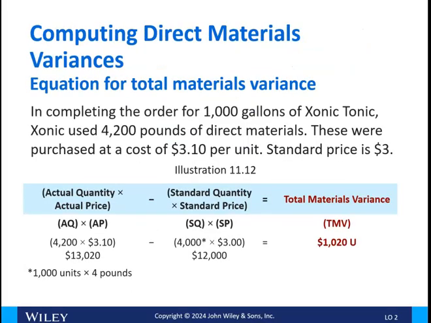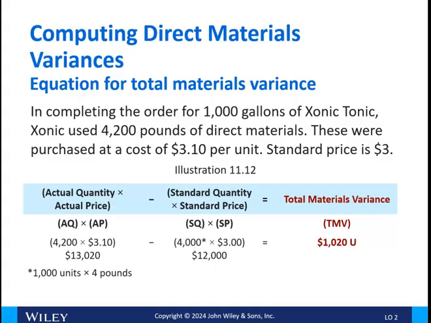So let's look at how that works. In completing the order for 1,000 gallons of Zonic Tonic, Zonic used 4,200 pounds of direct materials. These were purchased at a cost of $3.10 per unit. Standard price is $3. So our actual quantity at actual price is going to give us 4,200 pounds at $3.10, which is $13,020.